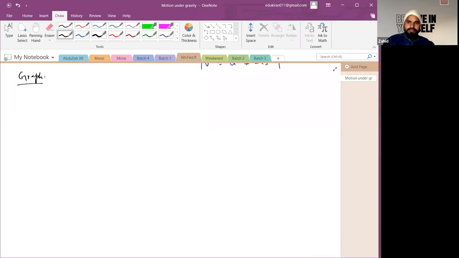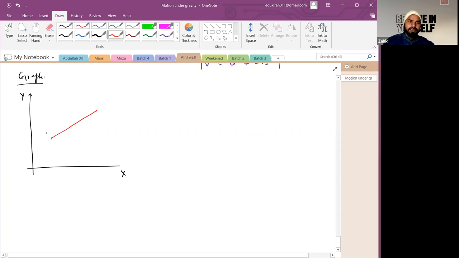I'm giving you some relation how to define it. This is x-axis, y-axis. And there is a line from this point to this point, having coordinate x1, y1, and this having coordinate x2, y2.